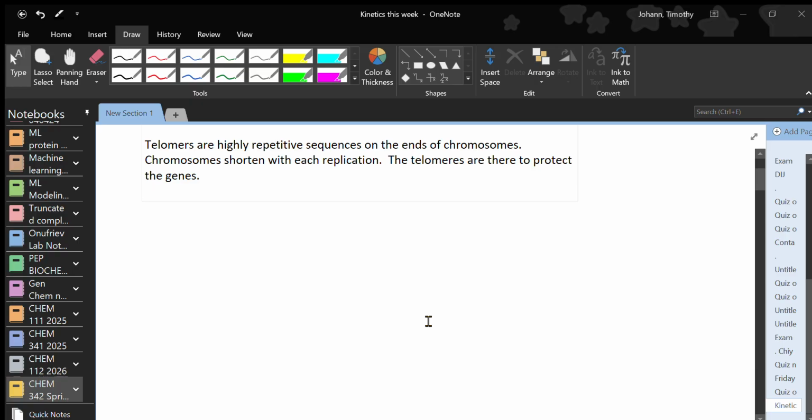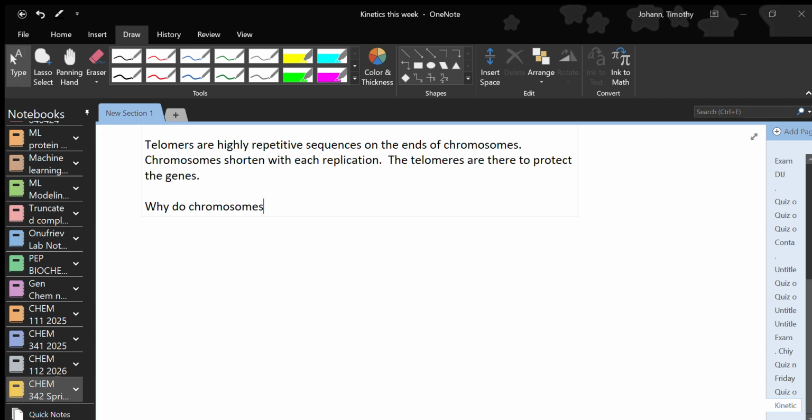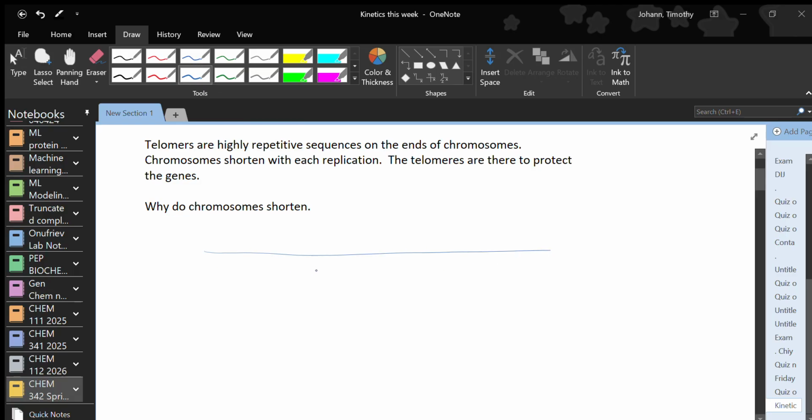So why do chromosomes shorten? Okay, what I want to do here is think about what the process of replication looks like. Let's say this is a really short chromosome, because we want to be able to see both telomeres.